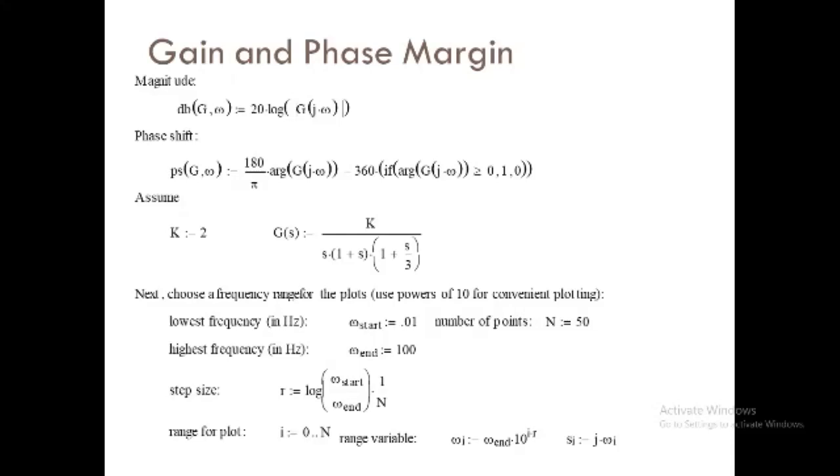Let us assume this value of K is equal to 2. Therefore, G(s) is equal to K upon s into (1 plus s) into (1 plus s by 3).